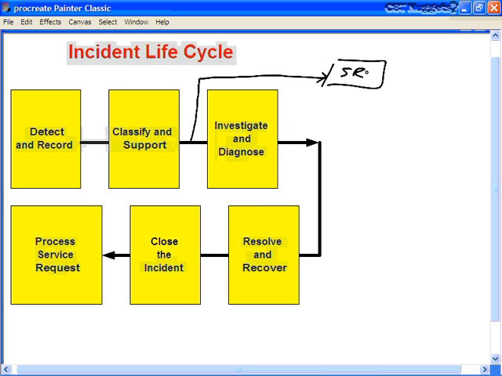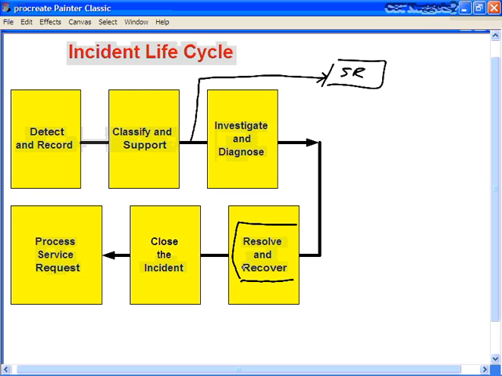Investigation and diagnosis: if there's no known solution at that first tier, then the incident is investigated, either further by that group, or it could go through an escalation process. Once you find a solution, the issue can be resolved and the system recovered. Again, this step must take place.